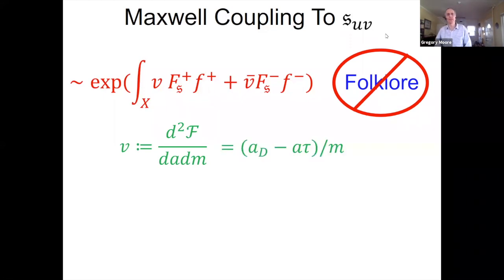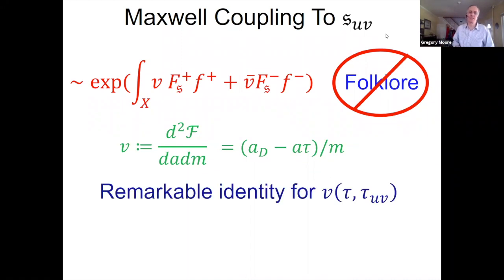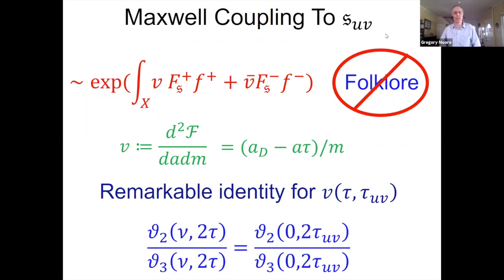You can write this down in terms of special Kähler coordinates, and Jan discovered a remarkable identity for this V. If you consider the ratio of these theta functions and insert V and 2 tau, then that actually is independent of where you are on the Coulomb branch. It's, if you like, a renormalization group invariant. So it's constant. That turns out to be a very useful fact when proving that our Coulomb branch measure is single valued.